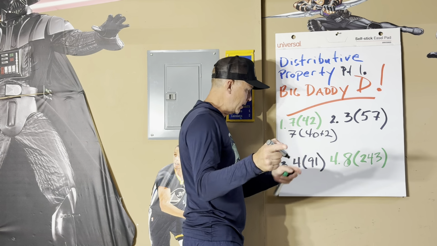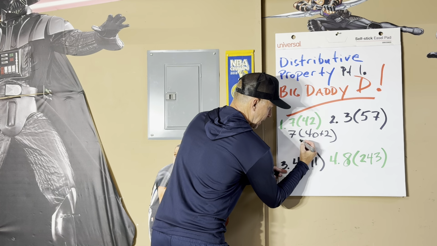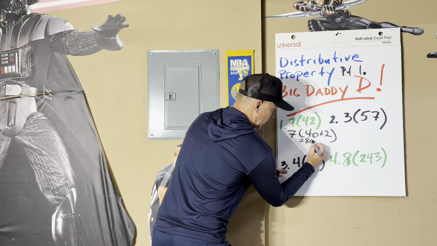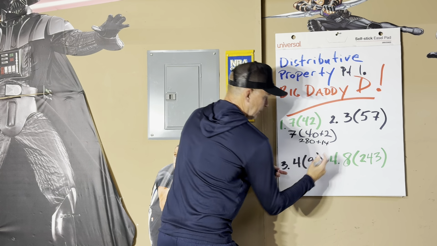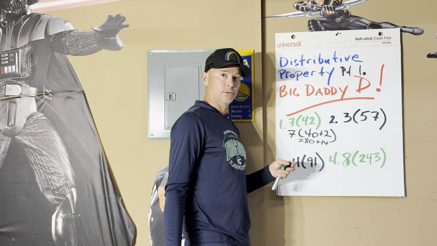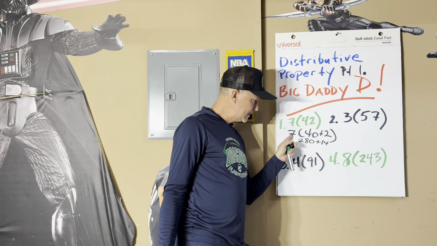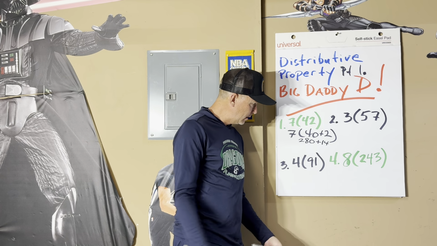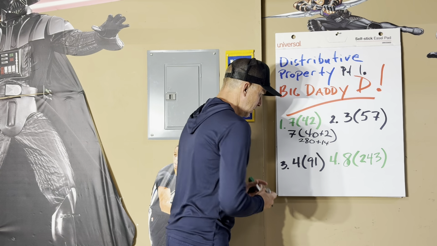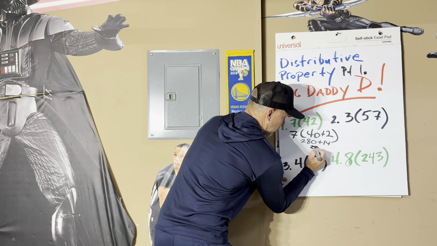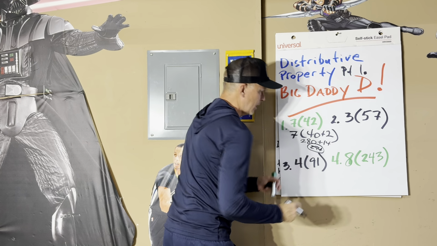So 7 times 40 is 280, okay? And you just put that in one part of your head. And then 7 times 2 is 14. And the reason why is I don't know my 42s, but now I know my 7s. So then we just add these together. Assistant, 280 plus 14, what is that? 294. 294 is correct. Winner, 294.